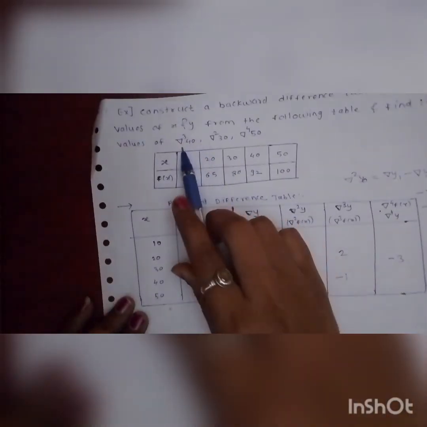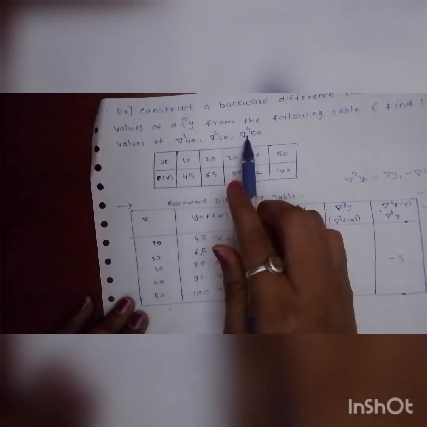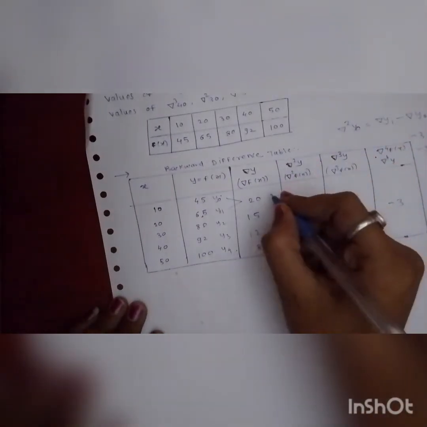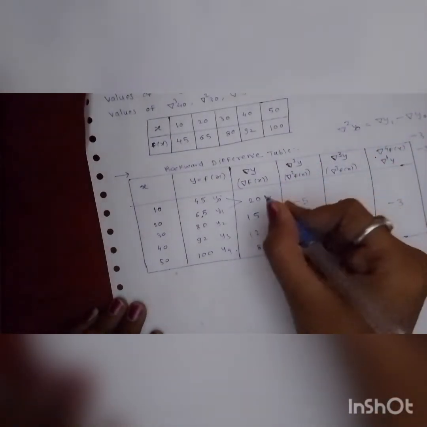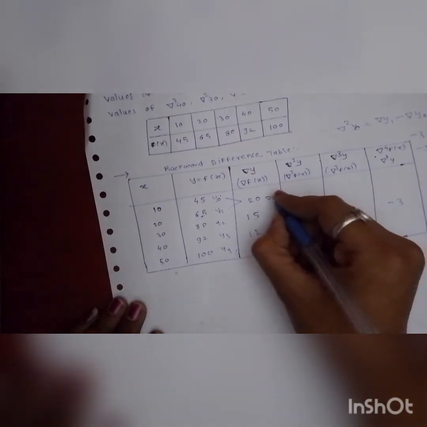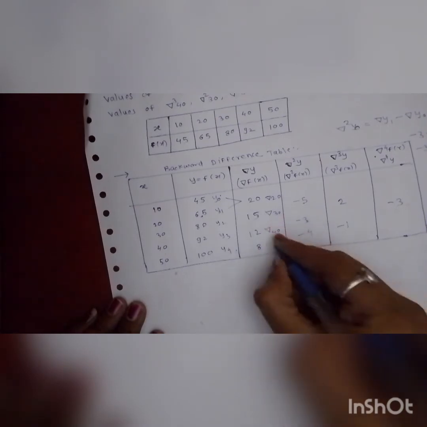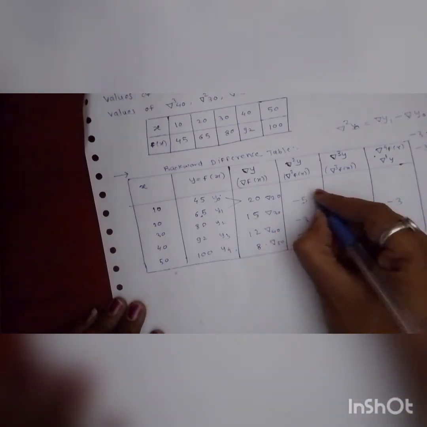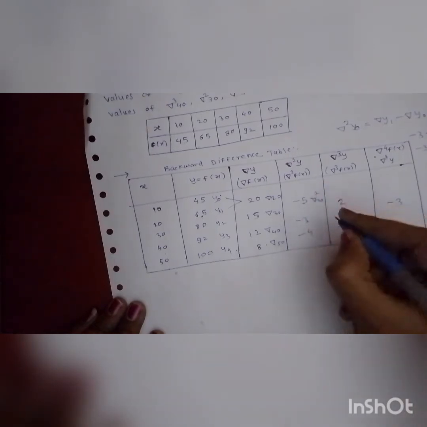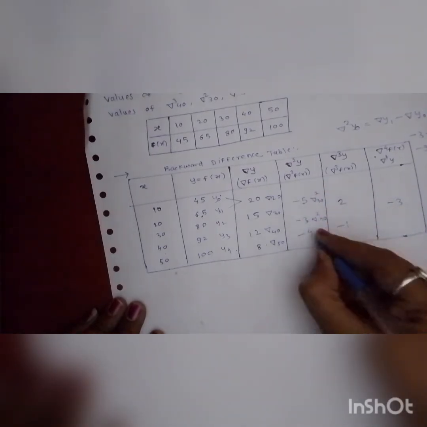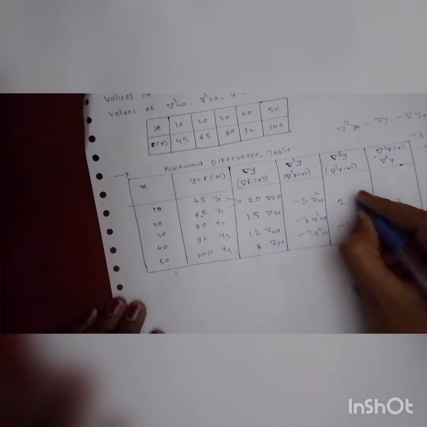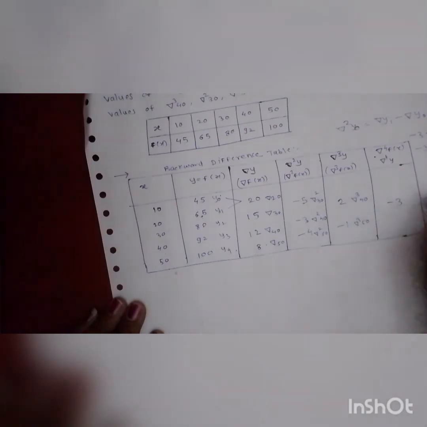We have to calculate delta cube 40, delta square 30, delta raised to 4 50. From this table we know these are the values of del 20, del 30, del 40, del 50, del square 30, del square 40, del square 50, del cube 40, del cube 50 and del raised to 4 50.